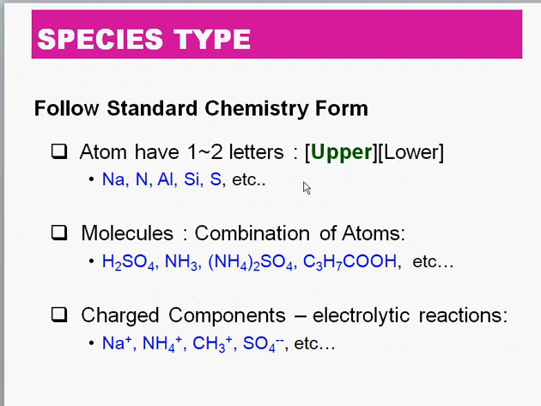The atoms are named by following a standard chemistry fashion, where the first letter is an uppercase letter followed by a possible lowercase letter, such as sodium, nitrogen, and so on. The elements of the species could also be some charged components, such as the ones used inside electrolytic reactions.